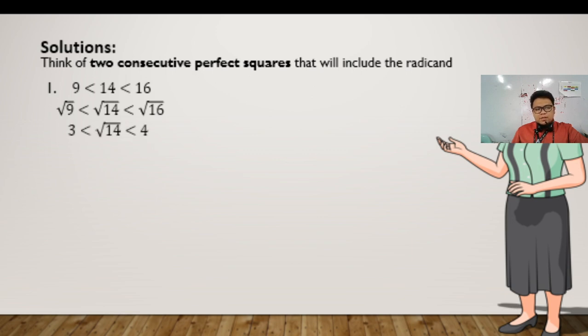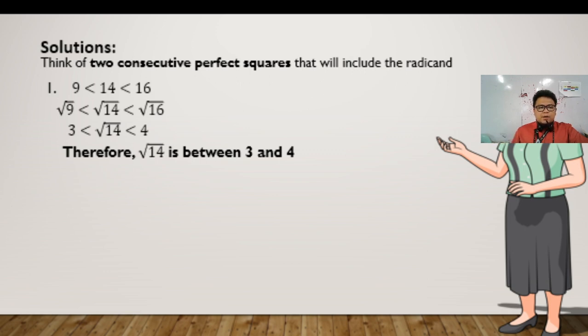So that means that the square root of 14 is between 3 and 4. I can't give you the exact value of square root of 14, but I teach you how to locate which two consecutive integers it lies between.